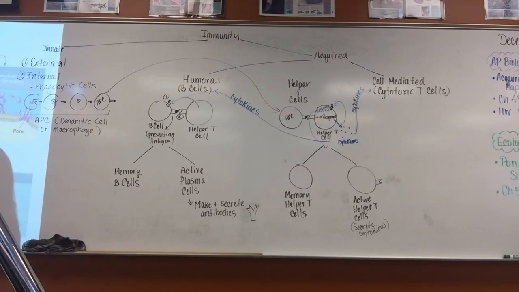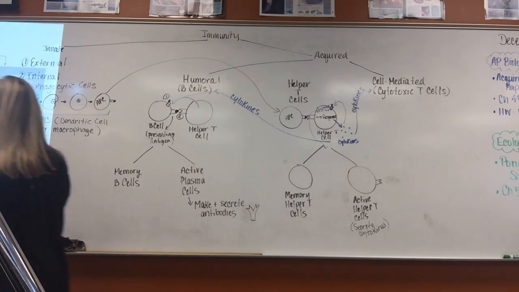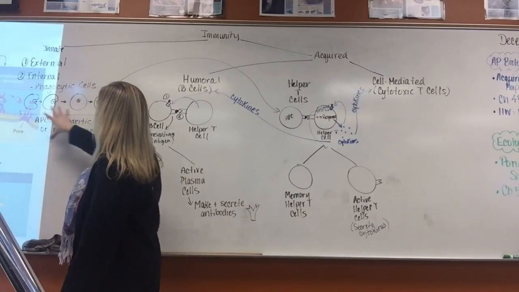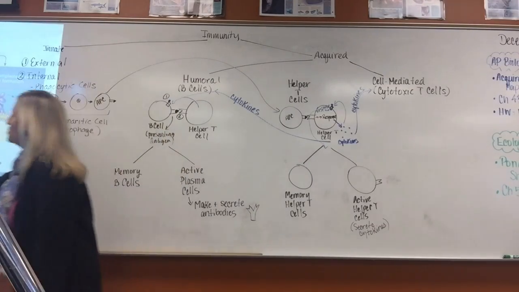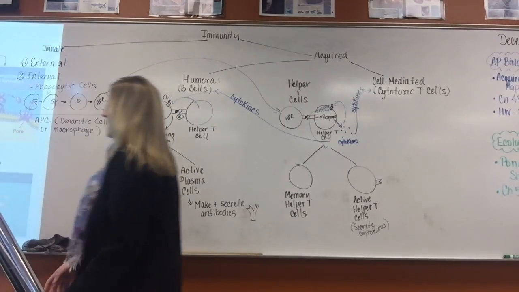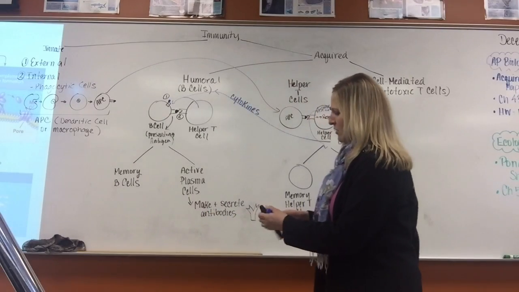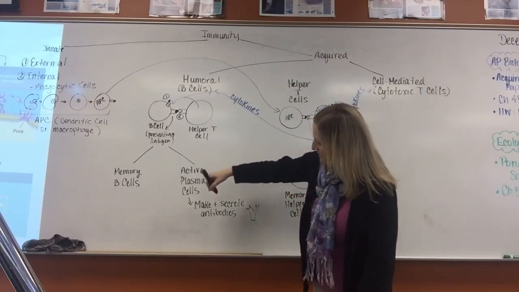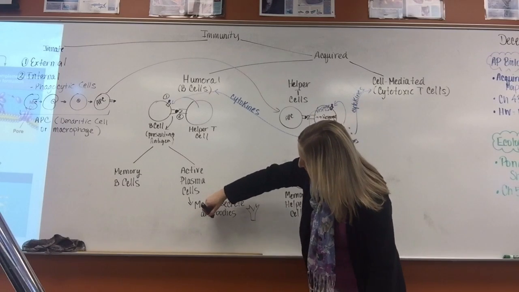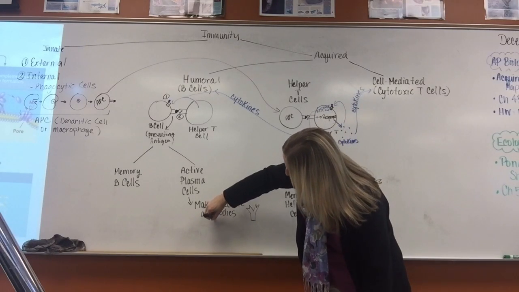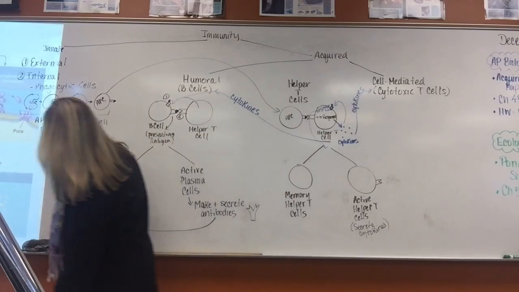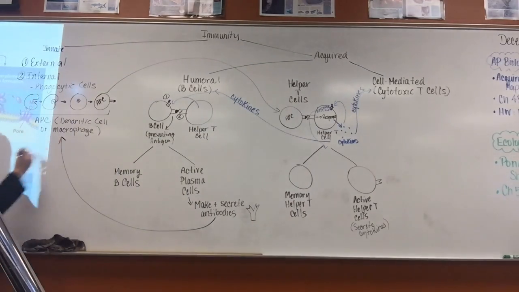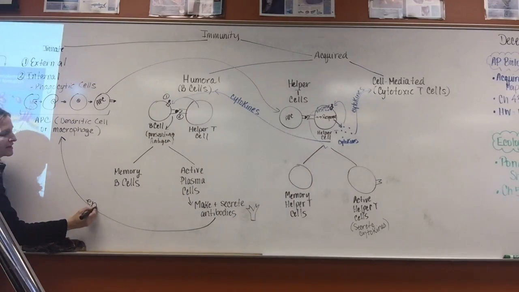We talked about these three different ways, but all of these enhance and make it easier for the macrophages to ingest the bacteria. So they stimulate, help, or enhance phagocytosis. And so making and secreting antibodies, I'm going to connect back over to our innate immunity and write the word enhances.